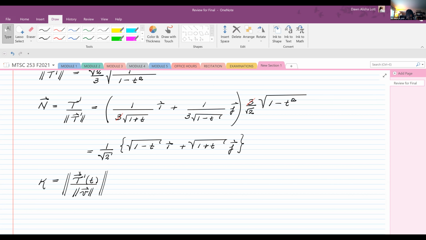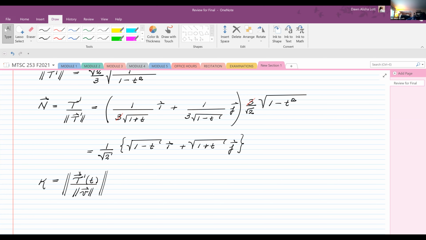It's the length of t prime, yes, over the length of v. Oh, I wrote it wrong then. Yes, that's right.